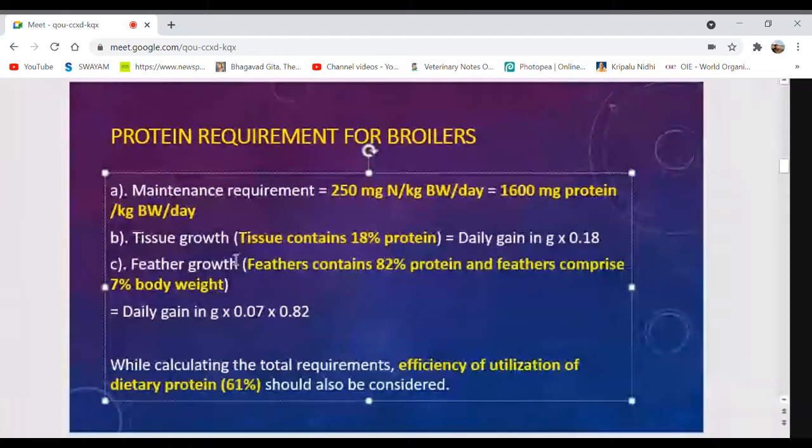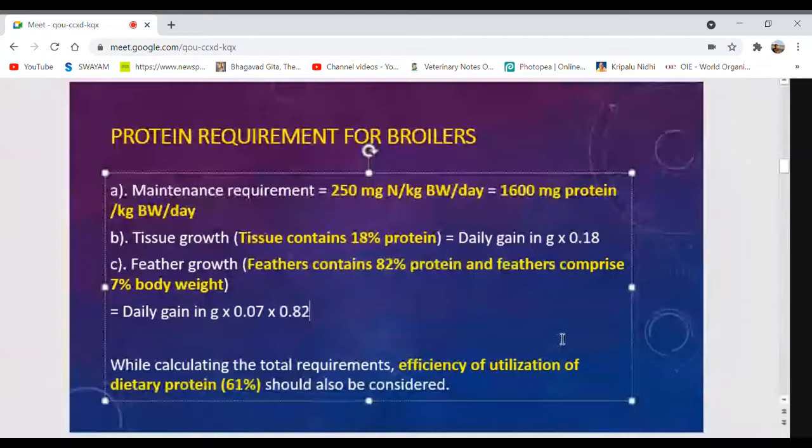After that, we have to see the efficiency of utilization of dietary protein. When we provide 100 gram of protein, you know the digestibility coefficient. If we provide 100 gram protein, not all 100 will be digested. Maybe 60 gram will be digested, maybe 70 gram, and the rest 30 or 40 gram will be excreted in the feces.